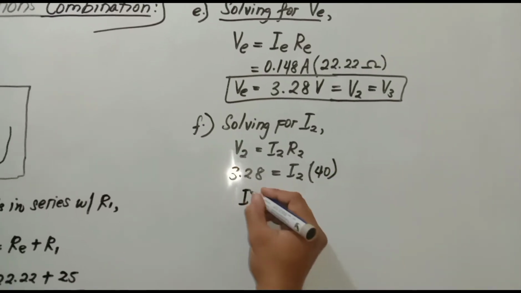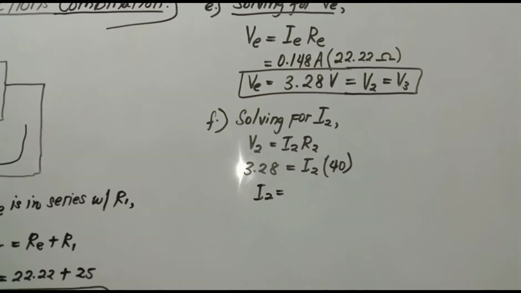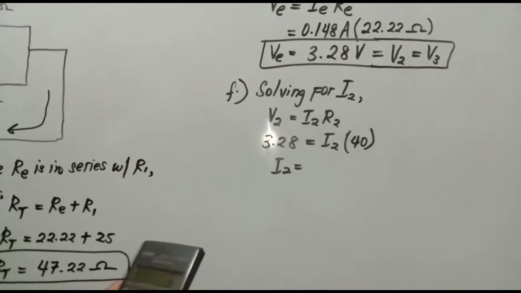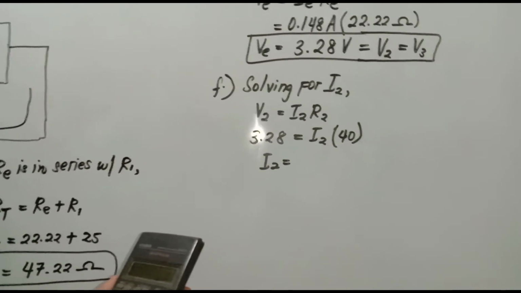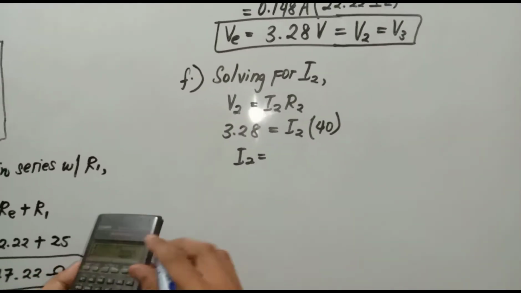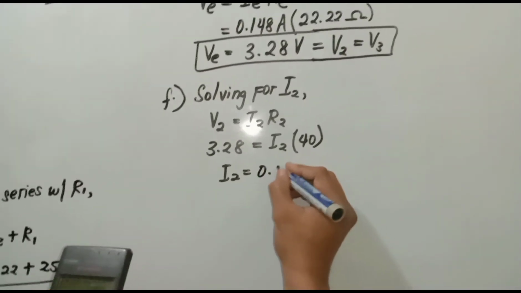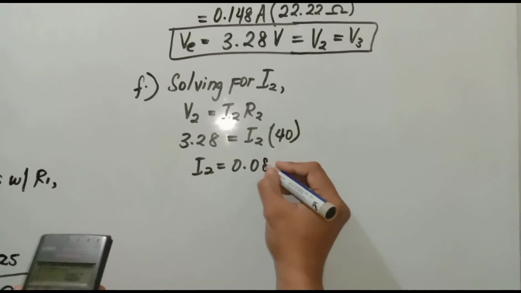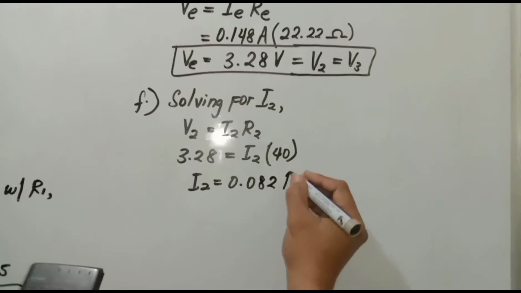So I2 is equal to, let me calculate, guys, 3.28 volts divided by 40 ohms. So I2 is 0.082 ampere.